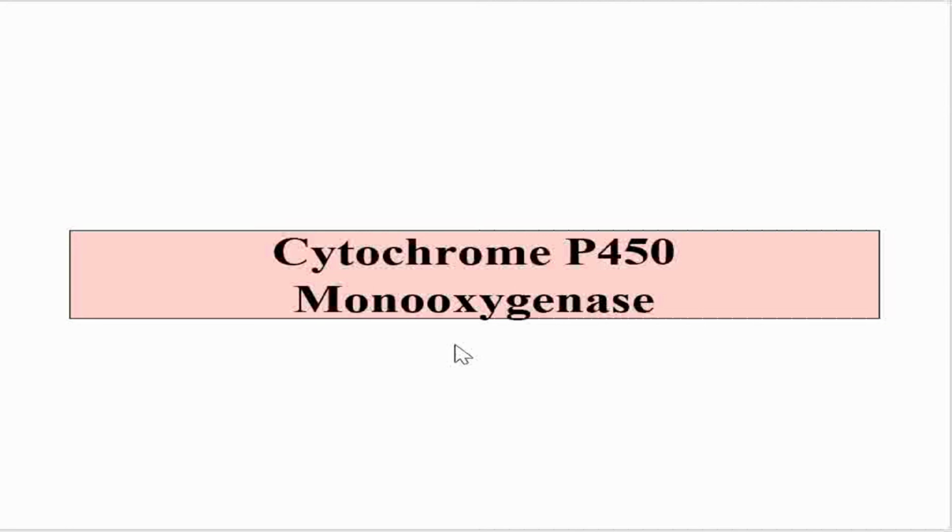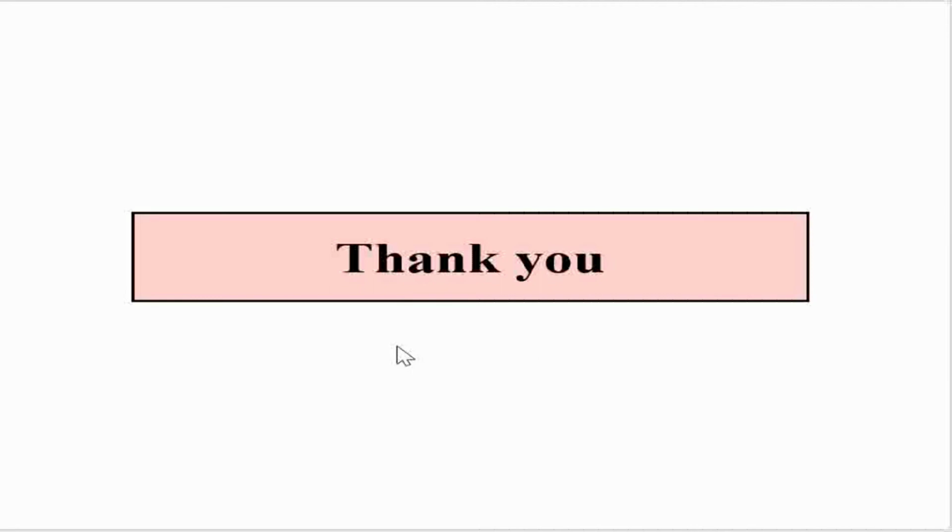In case of myoglobin, it is the histidine residue, but here it is the cysteine residue. Then we have discussed its mechanism, the different kinds of reactions shown by cytochrome P450, and its mechanism of action, how it acts on the substrates. So this is all about cytochrome P450.